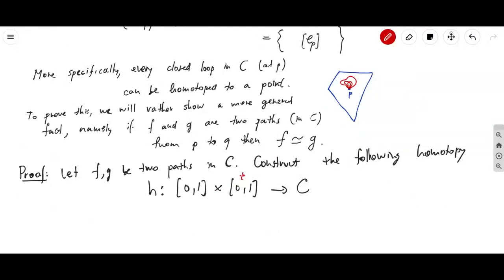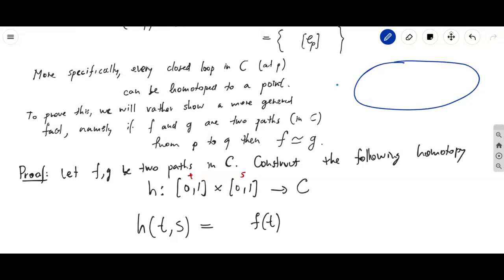Let's say this one represents time, this one represents interpolation, and we're going to do it as follows. So H of t comma s is, here's the way we do it, f of t. Maybe I should draw a picture, I think a picture would be very helpful here. So here is a convex region C. You have 2 points, P and Q. And you have a path, f, and you have another path, g.